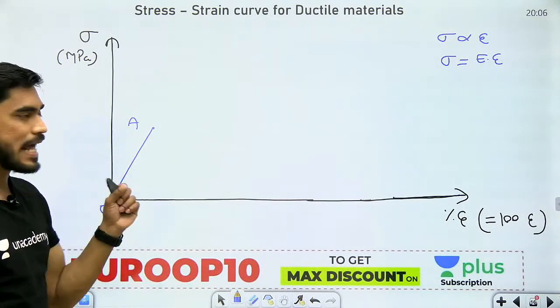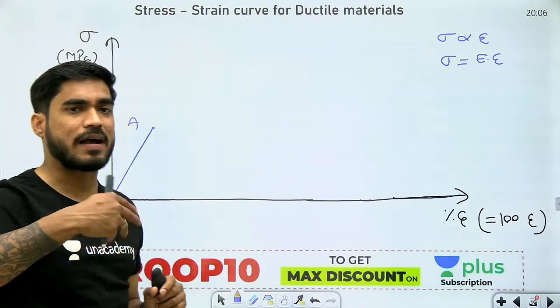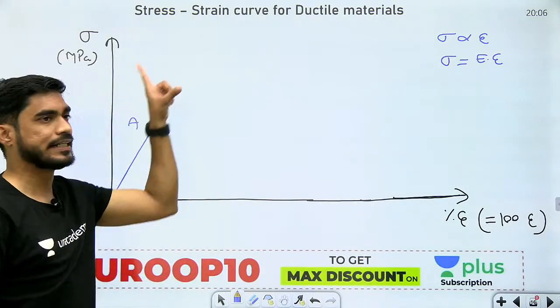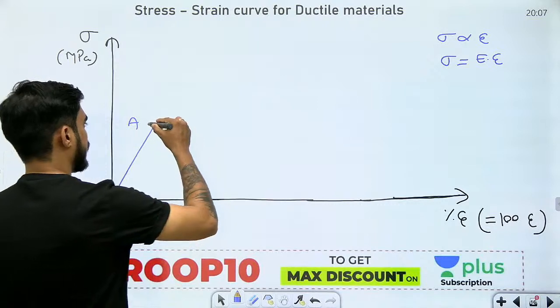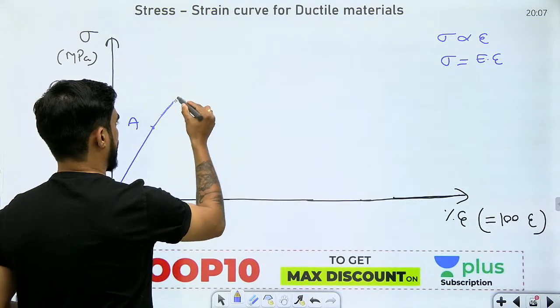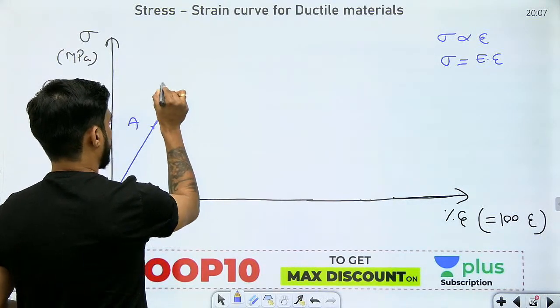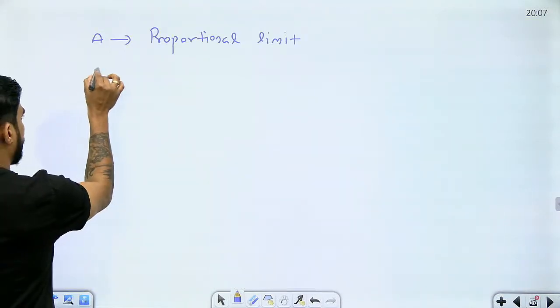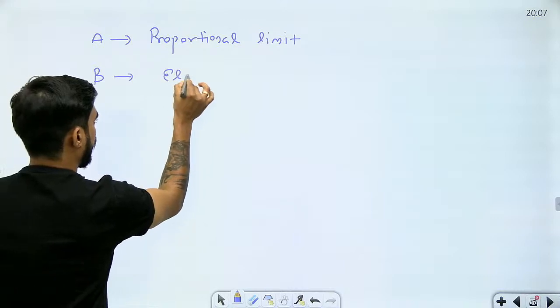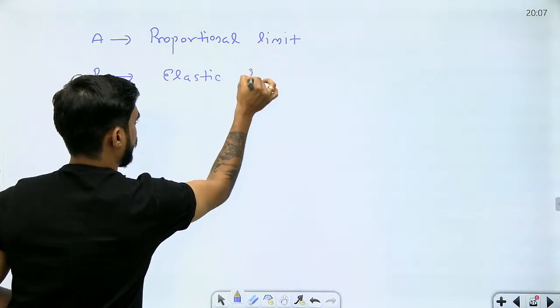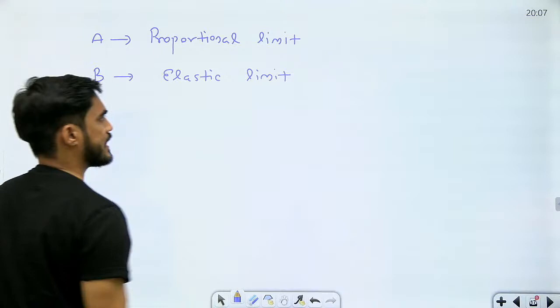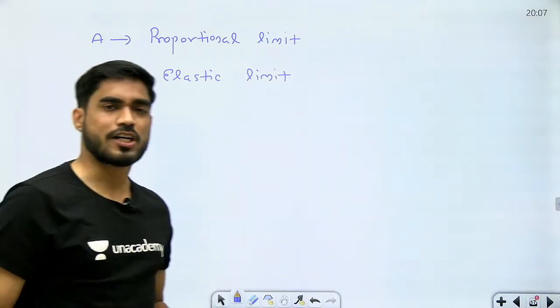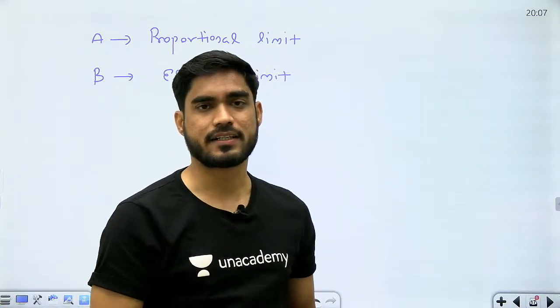Now, if I increase my load beyond the point A, then the curve will become slightly curved. And this is point B. This point B is known as the elastic limit. Now what do I mean by elastic limit?